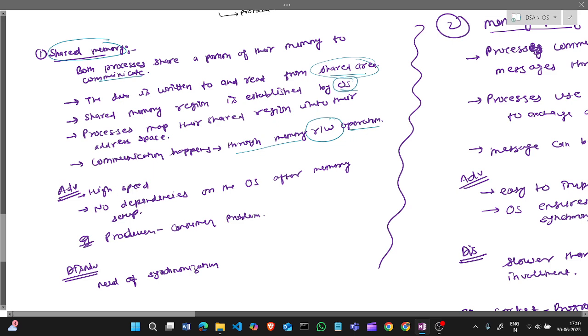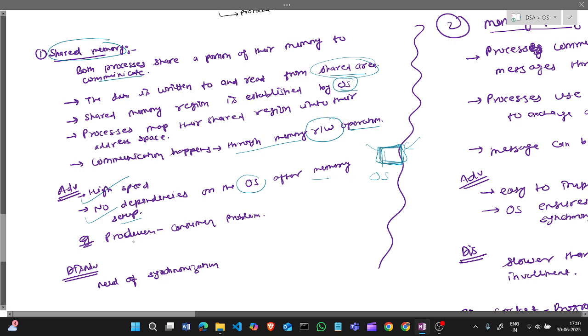So what are the advantages of this? High speed, and no dependency on the operating system after the setup. When the shared memory is set up, the operating system handles the setup, and after that this communication is not dependent on the operating system.